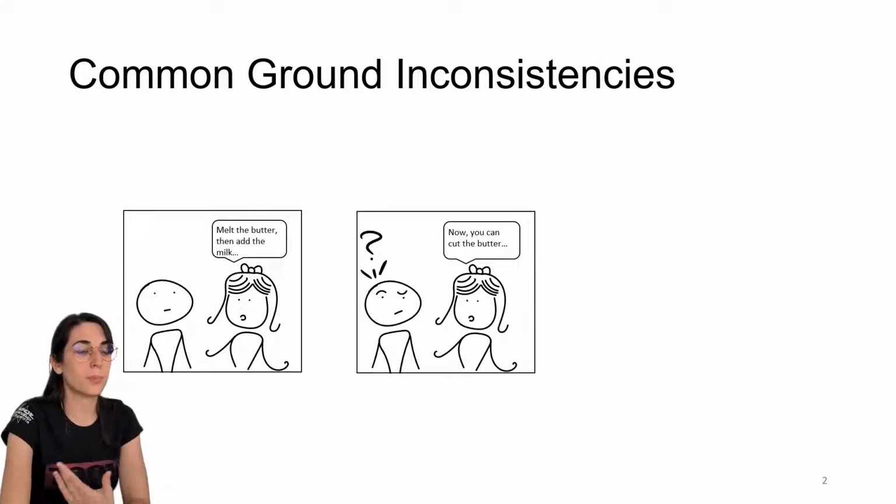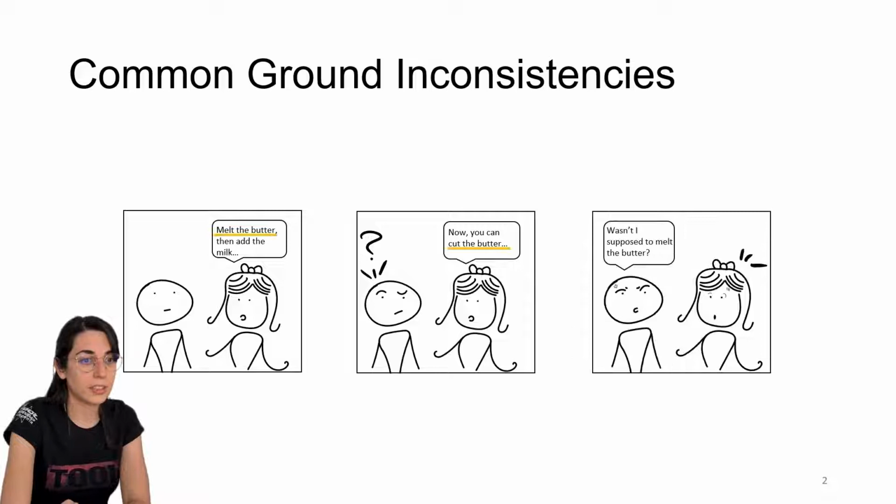But at a certain point, another utterance can be provided, like now you can cut the butter. This new information actually clashes with the previously grounded information because the butter was melted and now we cannot cut it, if we imagine that we use the whole butter.